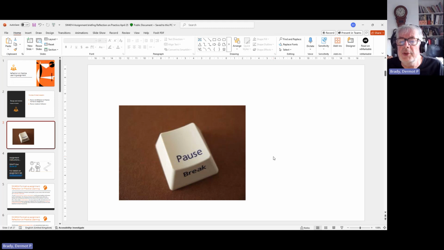But every so often we just need to pause and break, particularly where we're dealing with complex situations where there isn't an easy or simple answer. And in those situations, one of the things that helps is reflecting ourselves on whatever the experience might happen to be, or reflecting with others and seeking support and advice.